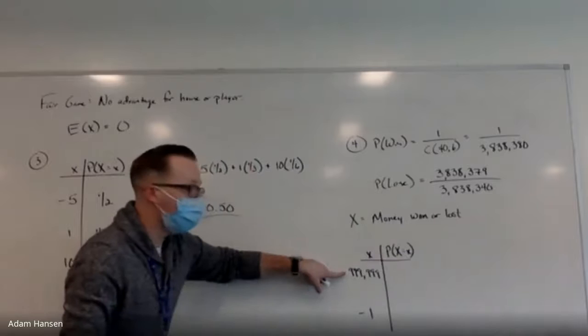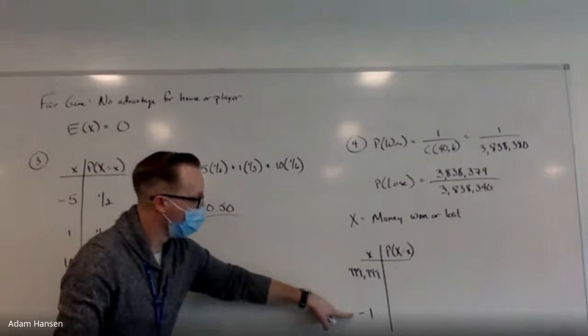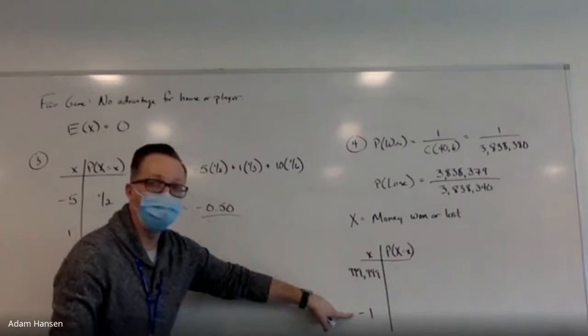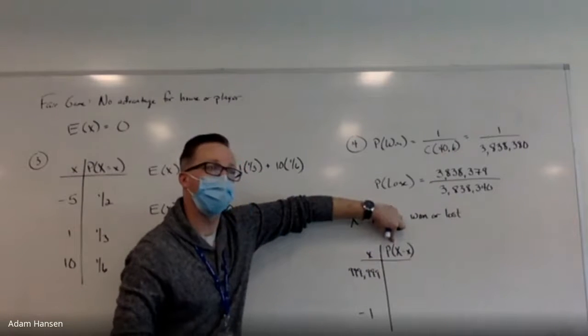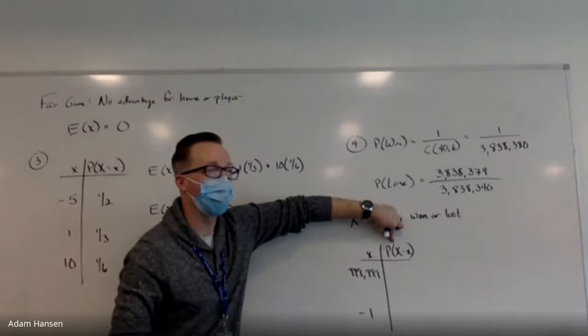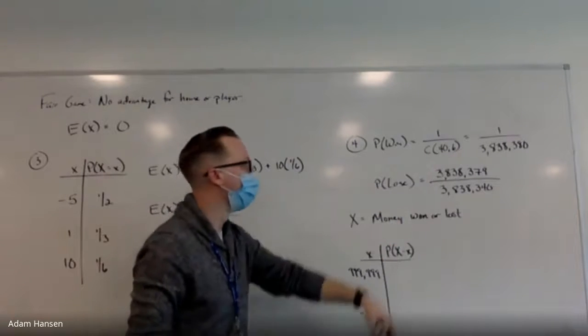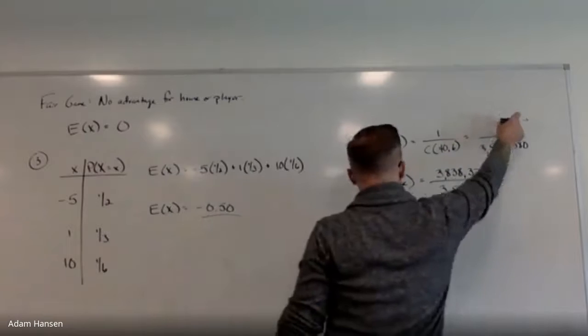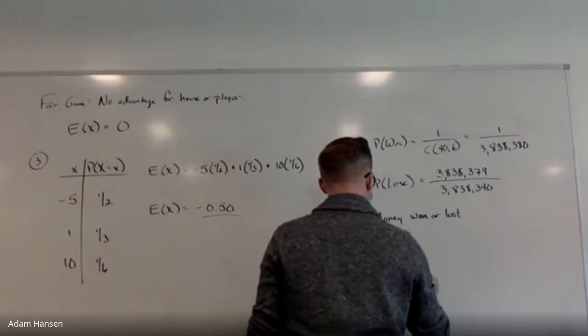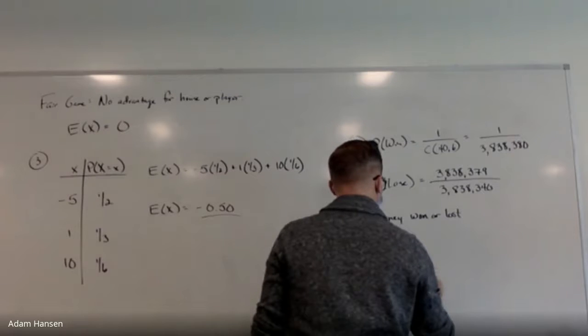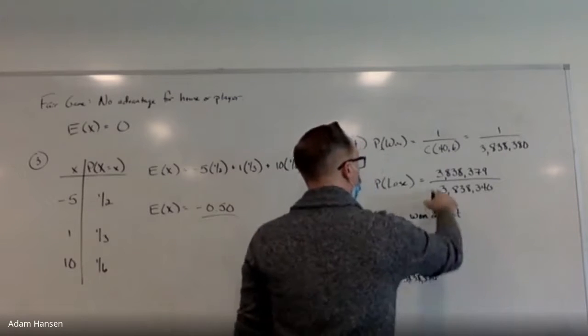Here's the outcome: the money won if you win, and the other outcome, the money lost if you lose. The other column is the probability of these random outcomes for the lottery. I win with this probability. I lose with the other.